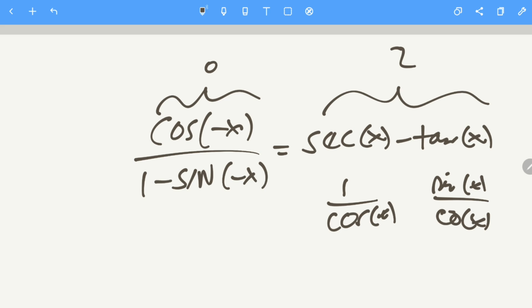But if we look at the number of complex angles, the left hand side has 2 complex angles. That is not cosine of x, but cosine of minus x.